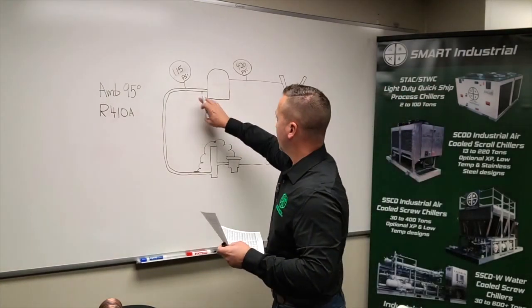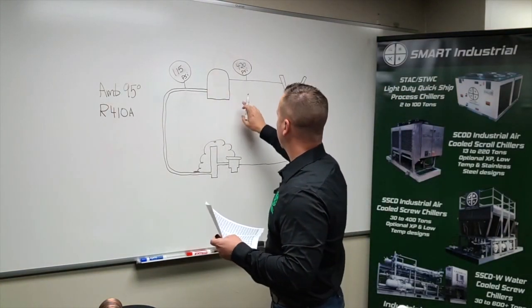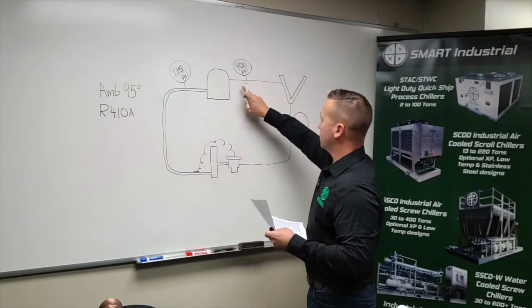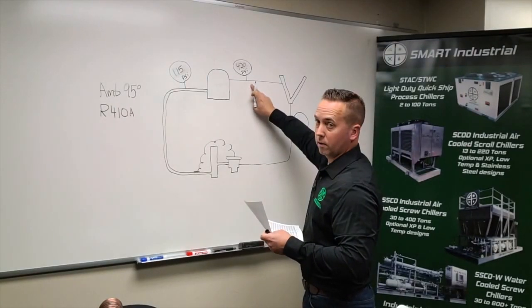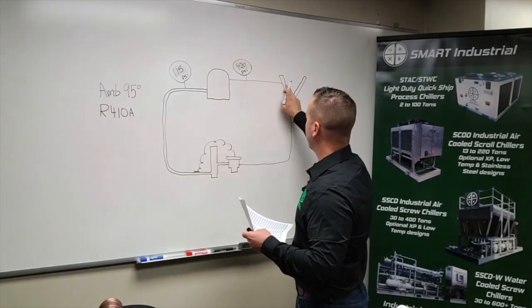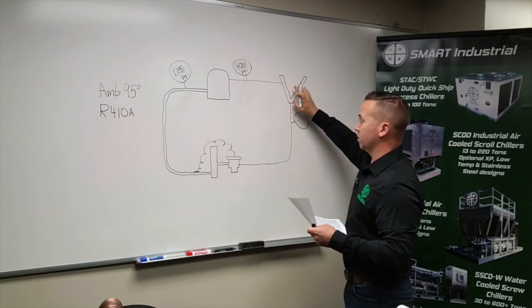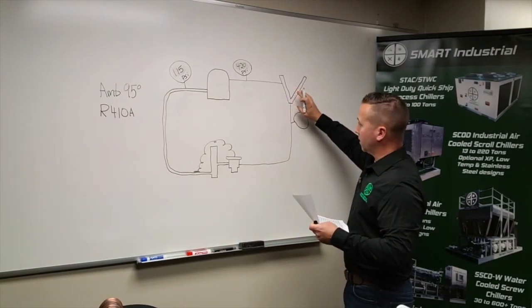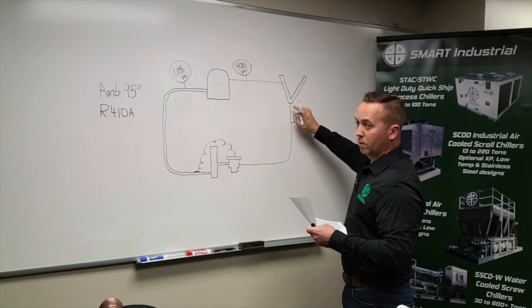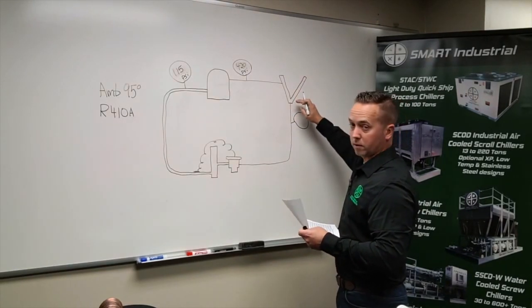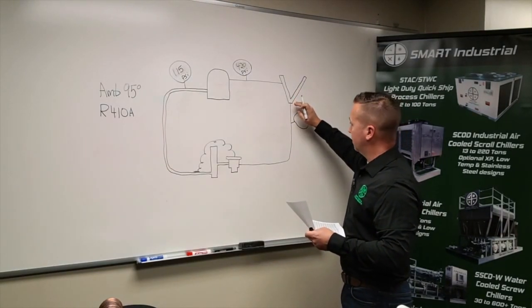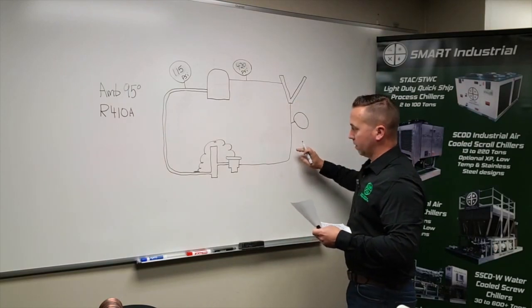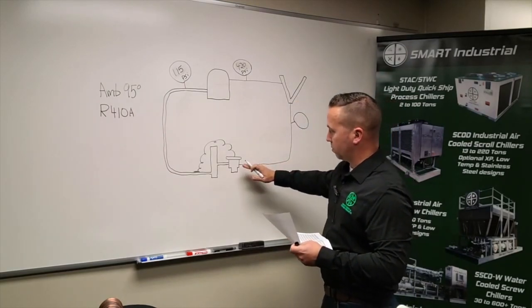Now, with this pressure increase across the system, we then send high temperature, high pressure refrigerant into the condenser coil. What comes out of the condenser coil is liquid because our refrigerant has dropped to a temperature at saturation. The liquid refrigerant then comes down towards our expansion valve.